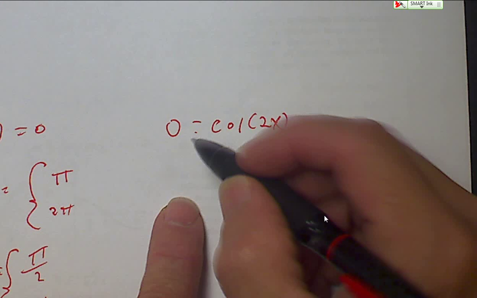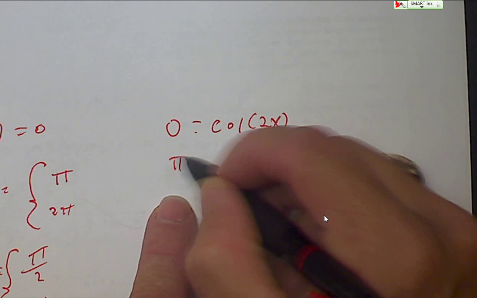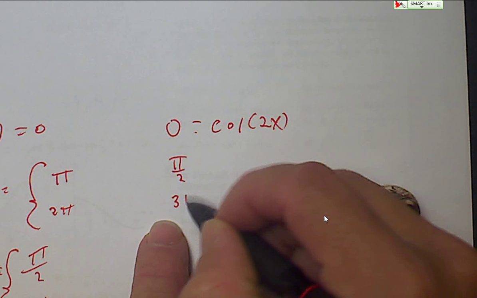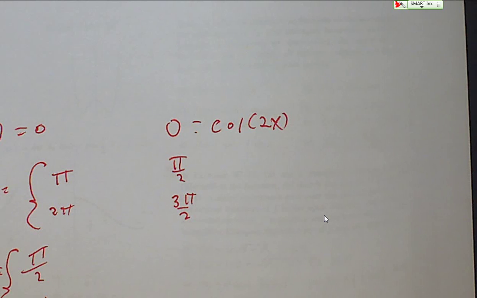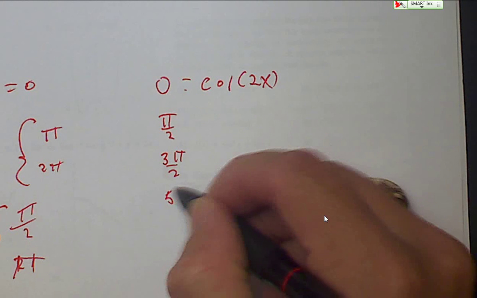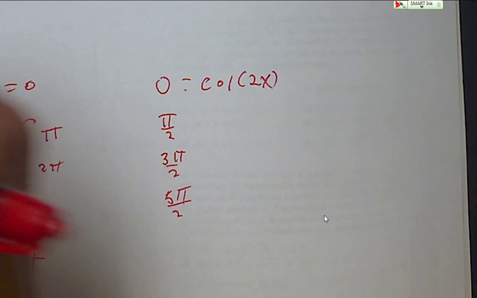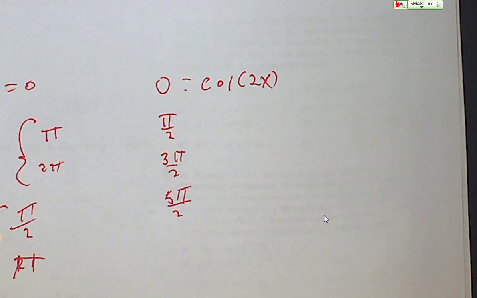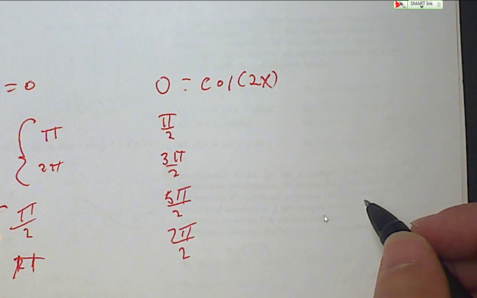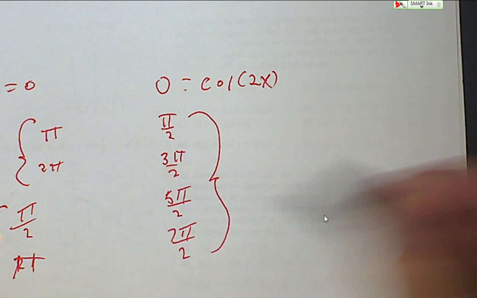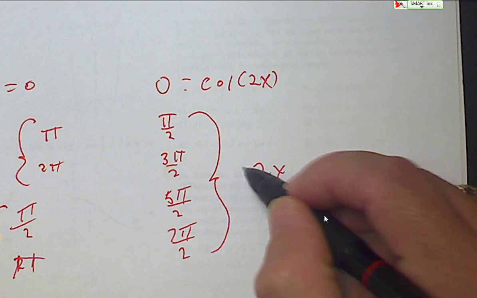Okay, so cosine is 0 at pi over 2, at 3 pi over 2, then make another trip around to get 5 pi over 2, 7 pi over 2, okay? And then you're solving all 4 of those equal to 2x.